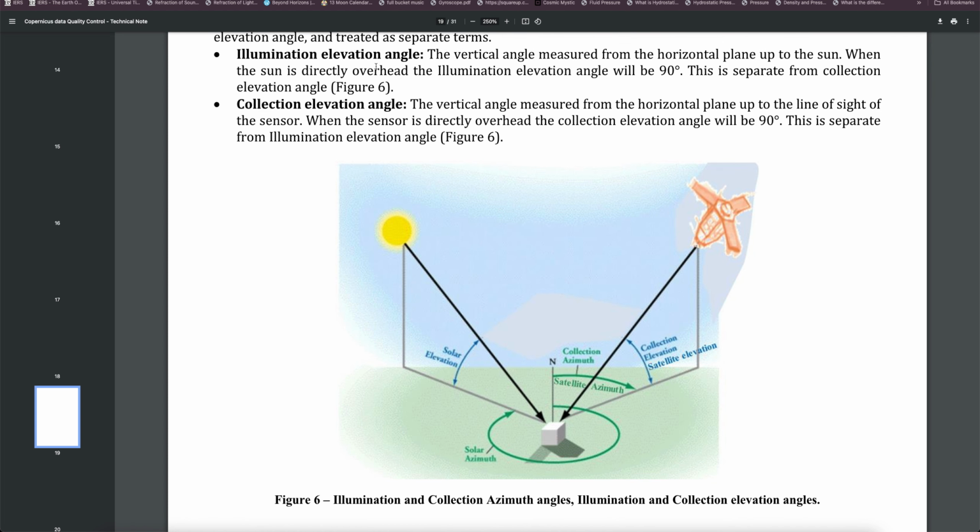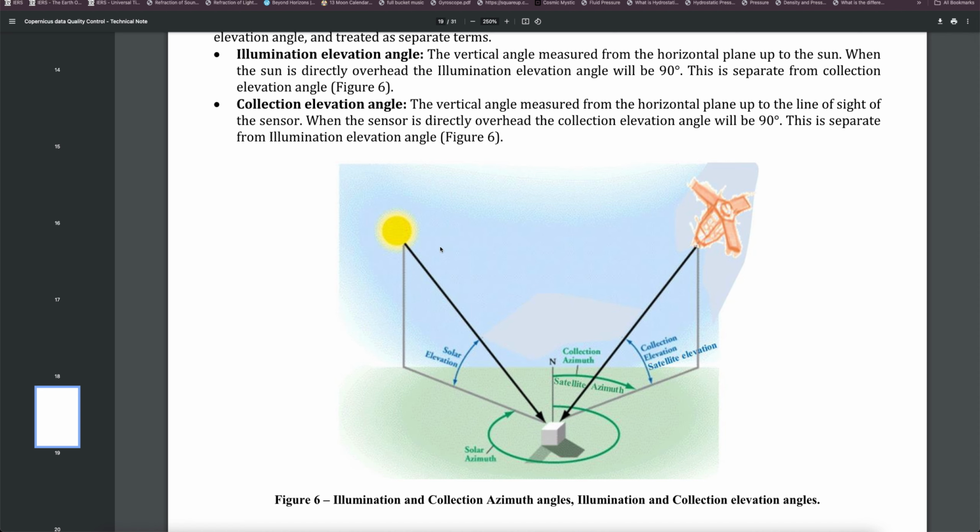Illumination elevation angle: vertical angle measured from the horizontal plane up to the sun. When the sun is directly overhead, the illumination elevation angle will be 90 degrees. This is separate from collection elevation angle, figure 6. Collection elevation angle: a vertical angle measured from the horizontal plane up to the line of sight of the sensor. When the sensor is directly overhead, the collection elevation angle will be 90. This is separate from illumination elevation angle.